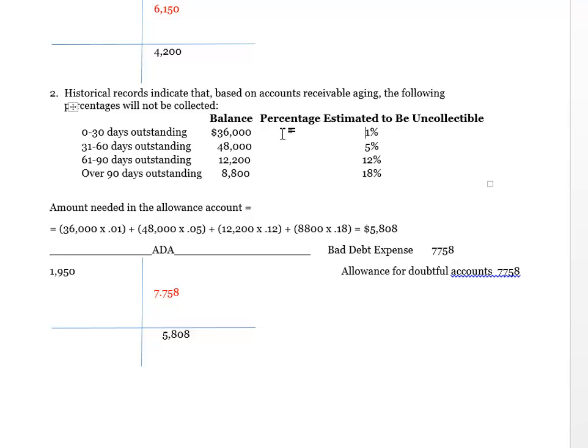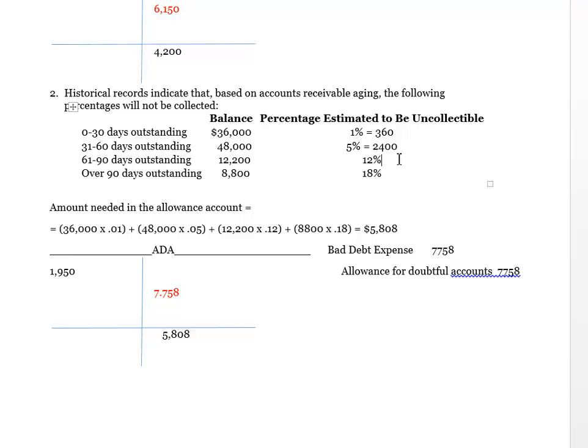So what we could do, I can't fit it in here, but if we multiplied them out, we'd get 360 here, right? And then if we took 48,000 and multiplied it by the amount that we think is uncollectible, which is 5%, that would give us 2,400, right?